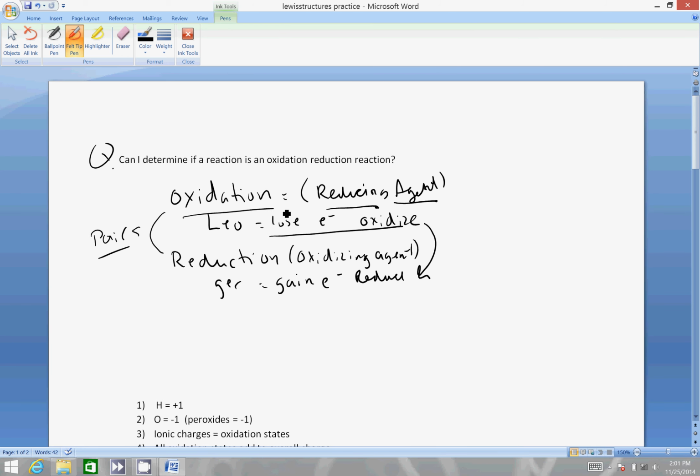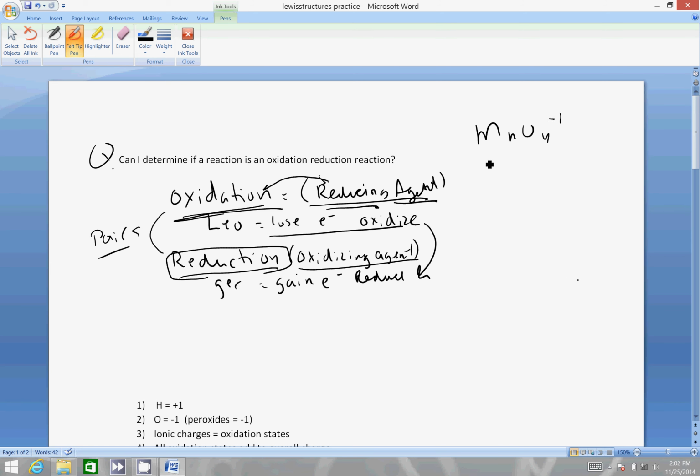So oxidation is losing, but it's causing the reduction to gain. An oxidizing agent means this species is going to gain electrons, but it's going to cause something else to lose. They mean the same thing. Reducing agent is oxidation. Oxidizing agent is reduction. Something that is a very strong oxidizing agent is a very strong oxidizer.